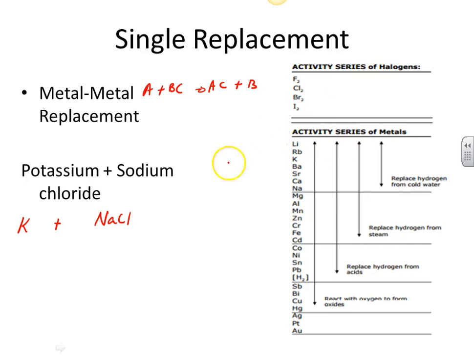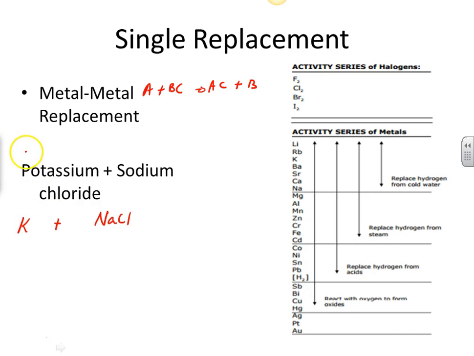Over here we have an activity series. An activity series tells you which element is more reactive than which element. If potassium is more reactive than sodium, then it has the potential to take its place. If, on the other hand, sodium is more reactive, potassium cannot take its place.